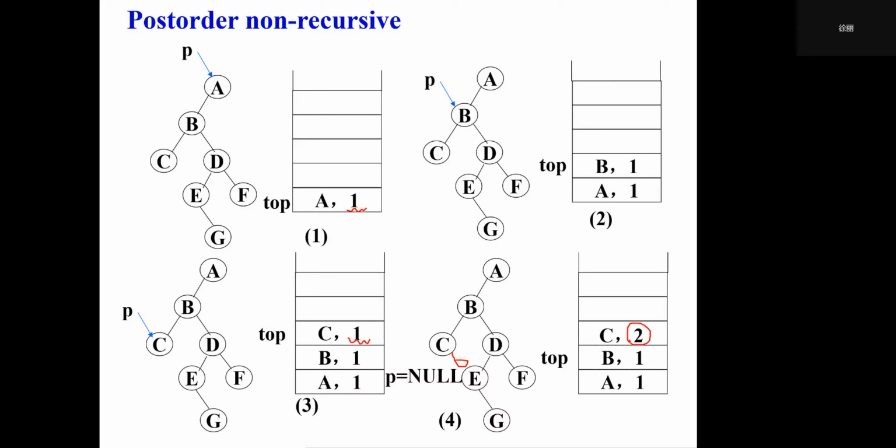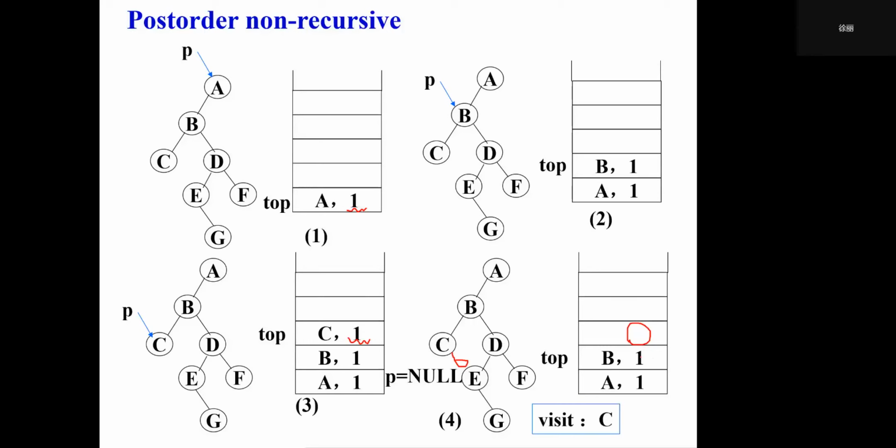Every time when we visit the node, that means we have finished visiting all the nodes in this binary tree with that node as a root, right? So now what we can do is to pop again from the stack. So pop B1.